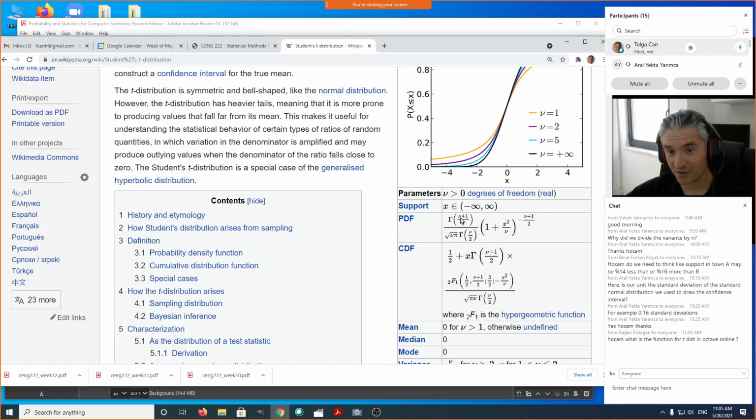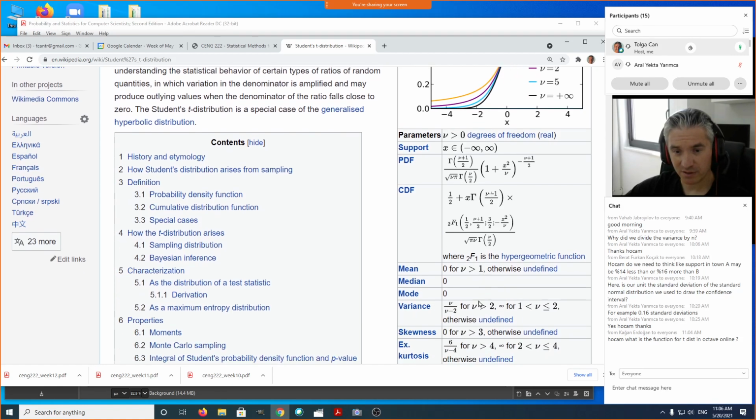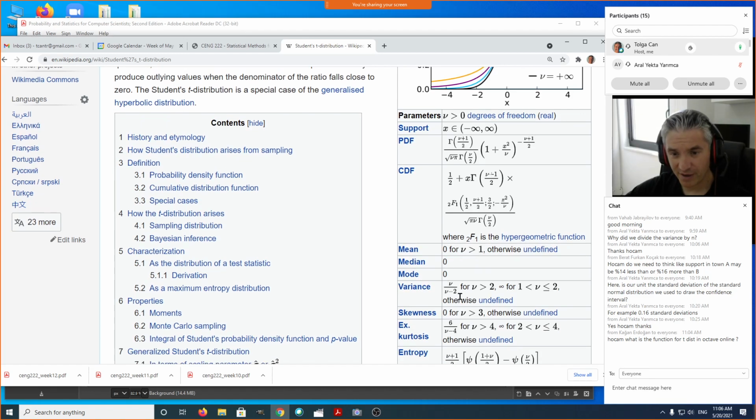It has only one parameter, degree of freedom, because this is the standard t distribution. The mu and sigma, which were 0 and 1 in the standard normal, are the same. The mean is 0 for v greater than 1. Its variance is v divided by v minus 2. It's not 1.